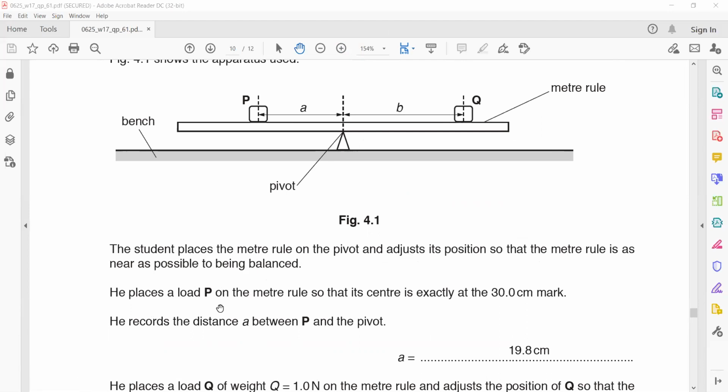He places a load P on the meter rule so that its center is exactly at the 30 centimeter mark. So this one is the 30 centimeter mark. He records the distance between P and the pivot, which is 19.8.